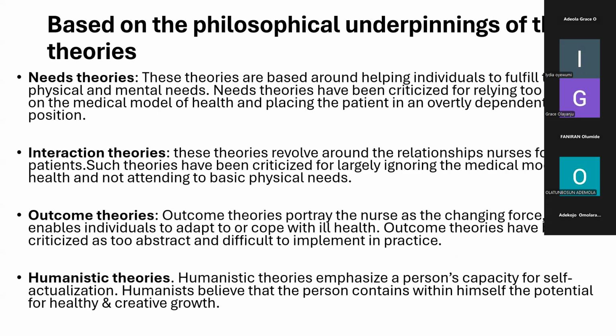Need theory: when the patient is in need, the role of the nurse is to solve that need. Who can give me an example of a need theory? That your role is to help the patient to meet certain needs when they are in need. Who can give me an example of a need theory based on this philosophy?